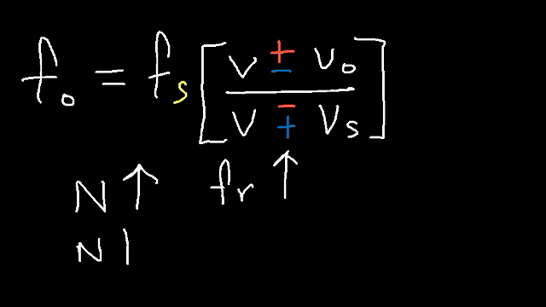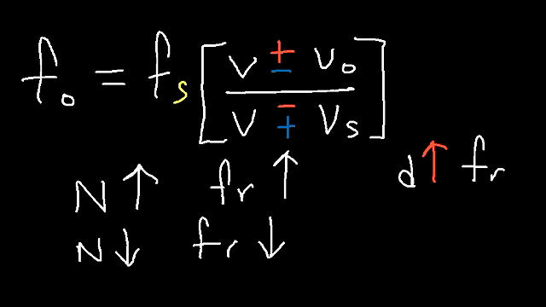If you decrease the value of the numerator, the value of the fraction goes down. Now, for the denominator, it's the opposite. If you increase the value of the denominator, or the bottom part of the fraction, the value of the entire fraction goes down. If you decrease the value of the denominator, the value of the entire fraction will go up.